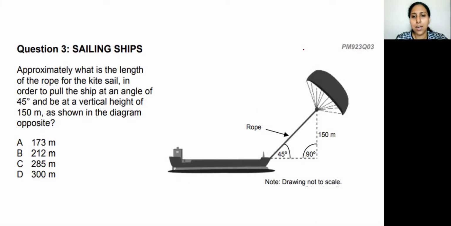There is a sailing ship picture which you can see with a kite sail attached to it. And the question asks about the length of rope for the kite sail. Now, those of you who have already crossed 10th and are in 11th or 12th now know that this is based on a trigonometry concept. And if you see how this question was modified for the CBSE boards, mind you, this was a 2009 PISA question.